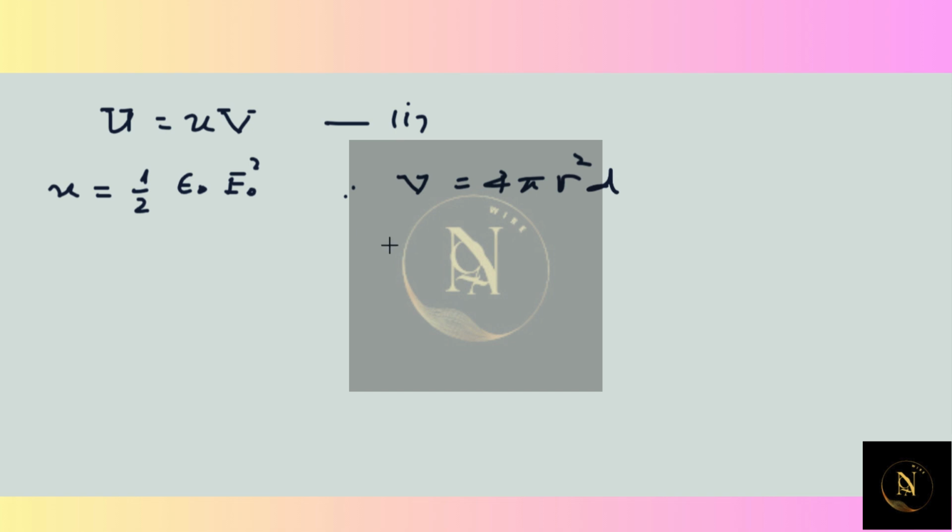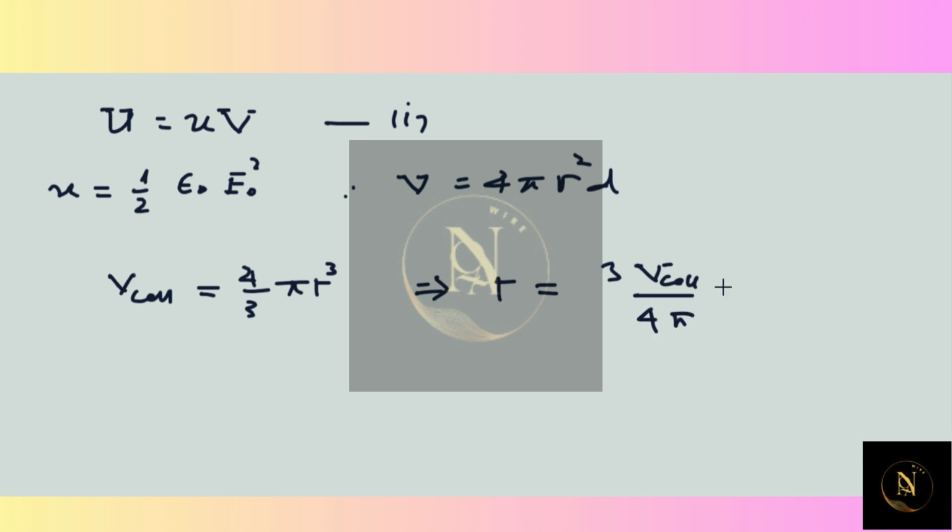Now let's calculate this r. We can write V cell, the volume of the cell, as 4 divided by 3 pi r cubed, where r is the radius of the cell. So from here, r is equal to 3 V cell divided by 4 pi, whole raised to the power 1 divided by 3.